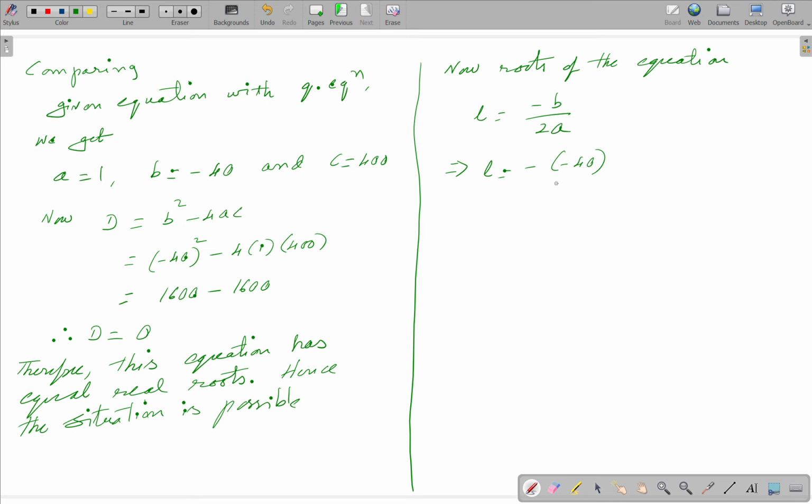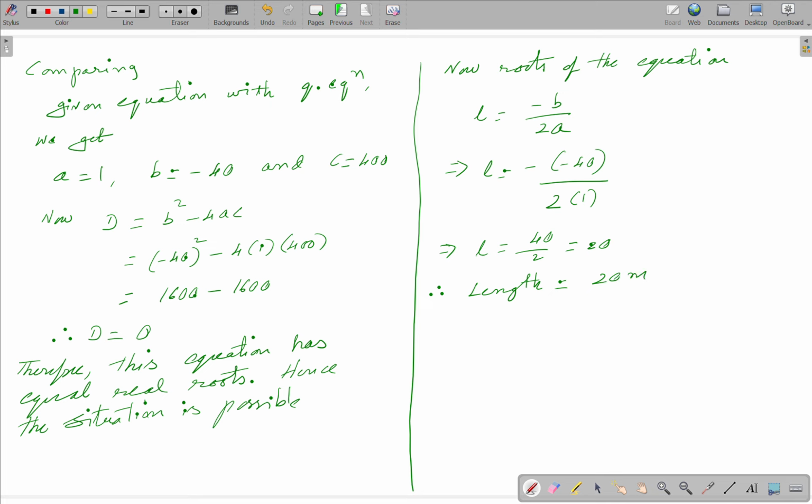L is equal to minus of minus 40 divided by 2 into 1. That implies L is equal to 40 by 2, which is 20.